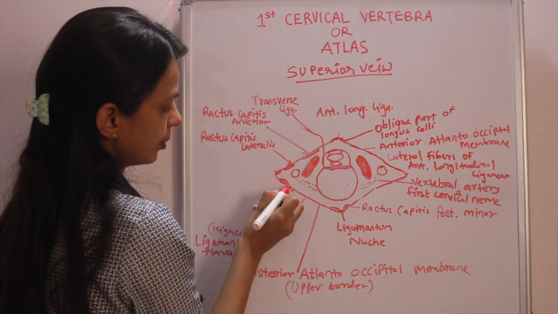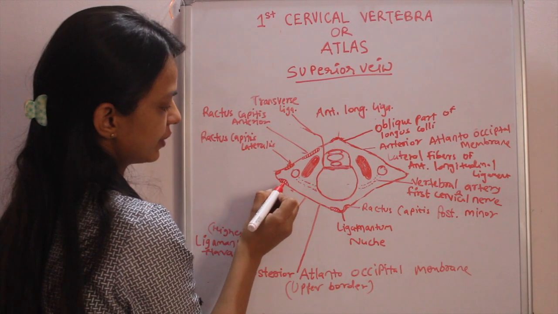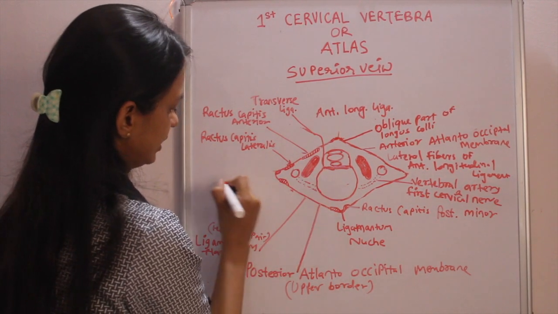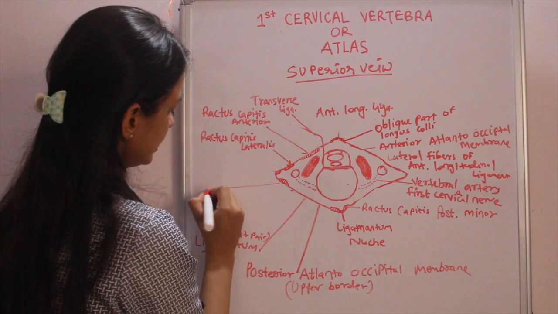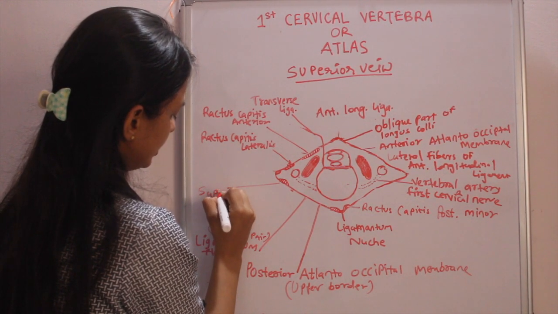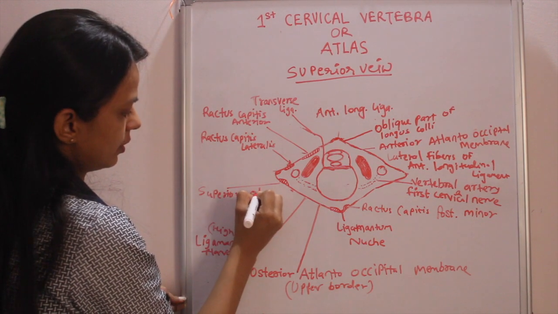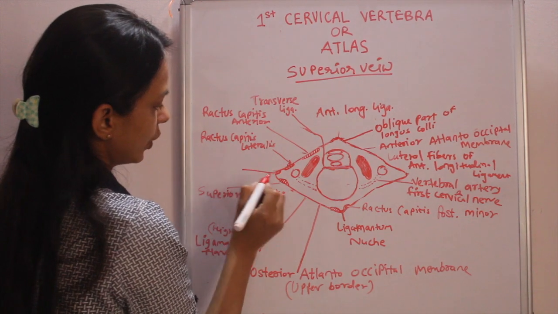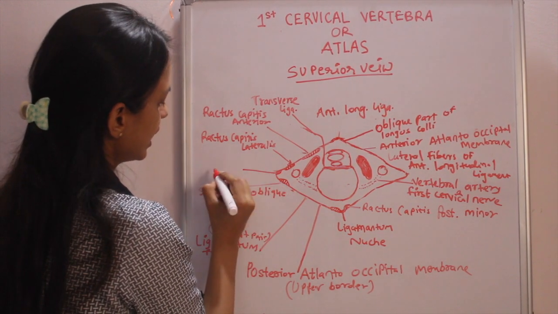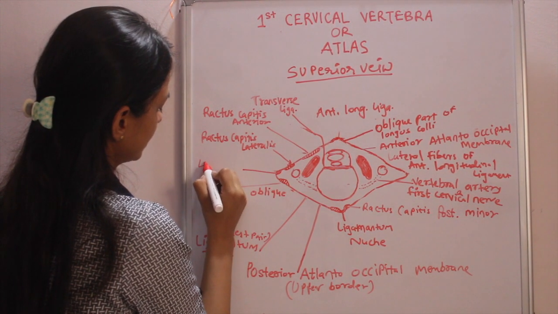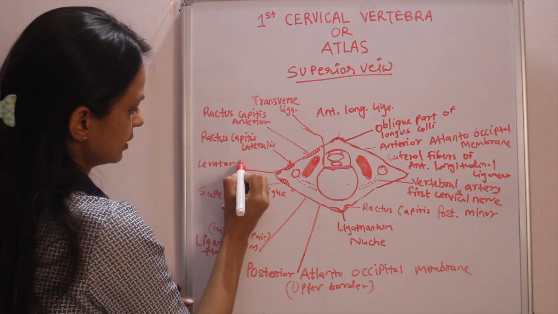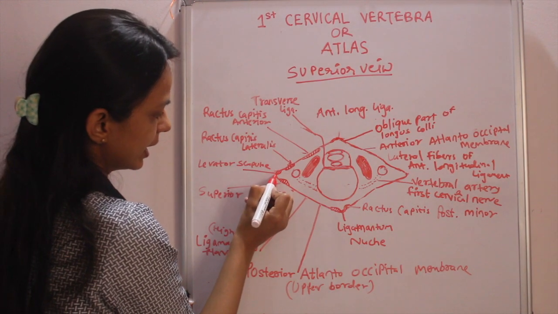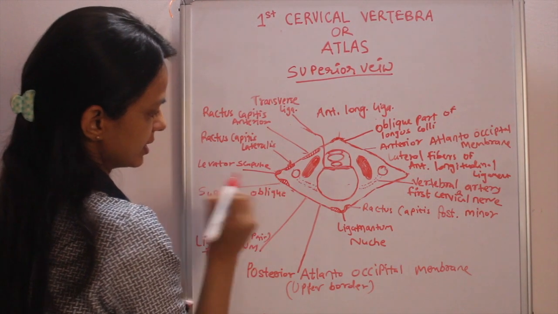This is the superior oblique, and the superior oblique originates from the upper surface of the transverse process posteriorly. So this is the superior oblique muscle. Levator scapulae originates from the lateral margin of the transverse process.